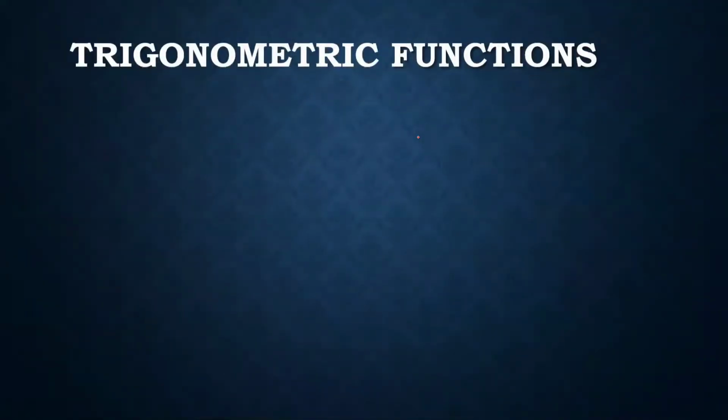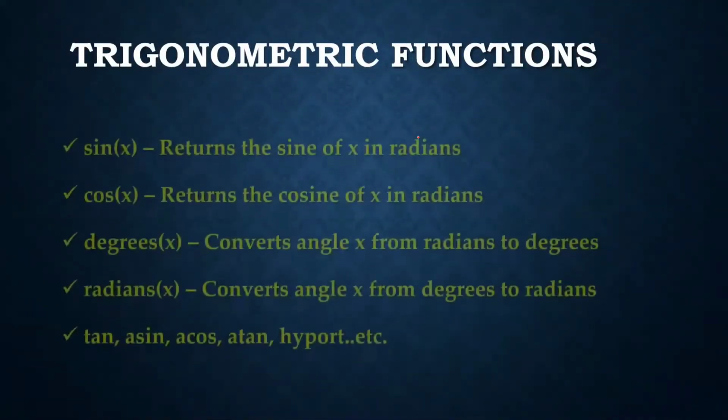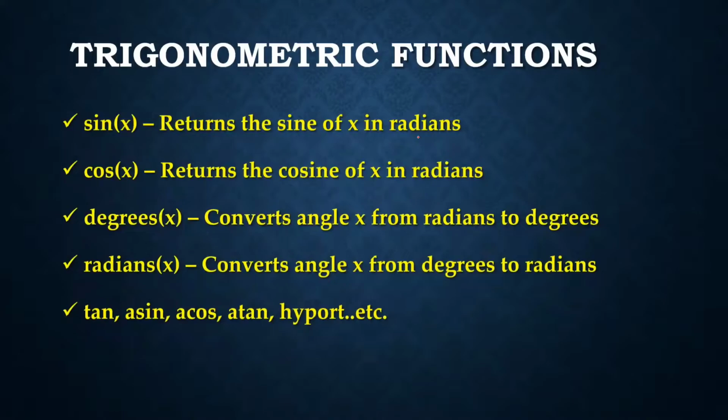Now move on to trigonometric functions. I hope you already know all these trigonometric functions, which in mathematics we generally use, right? Sine, cos, tan, all these functions. The sine function returns the sine of x in radians. Similarly for cos.